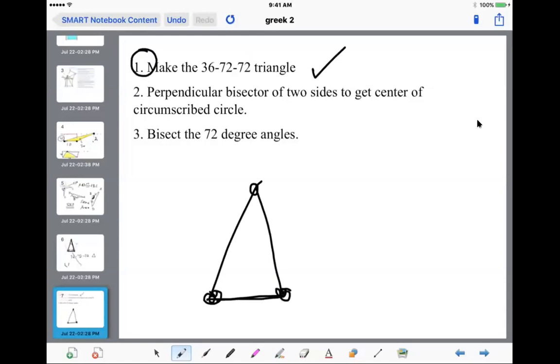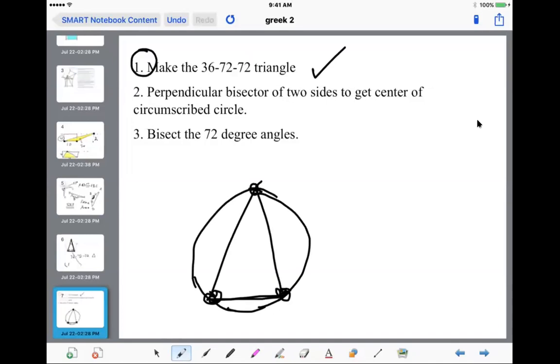Step two, they want you to draw a circle. There's a circle that fits perfectly around any triangle. I'll just tell you that that's true.